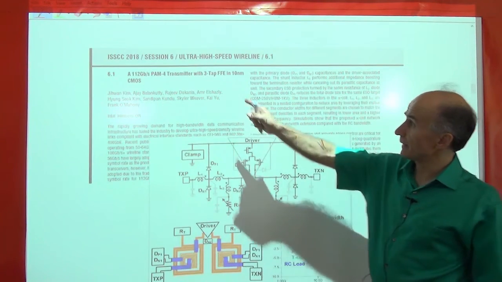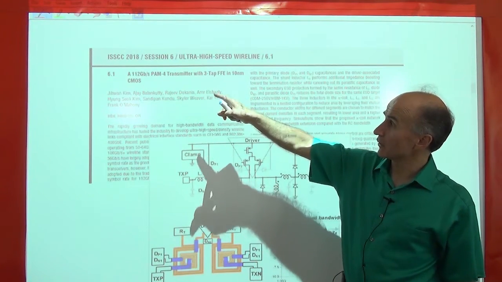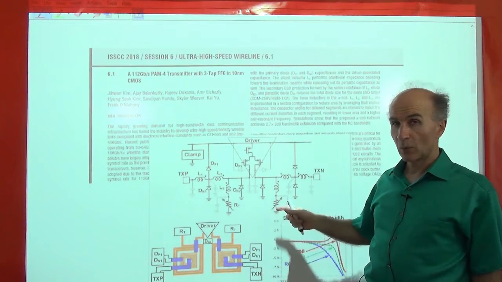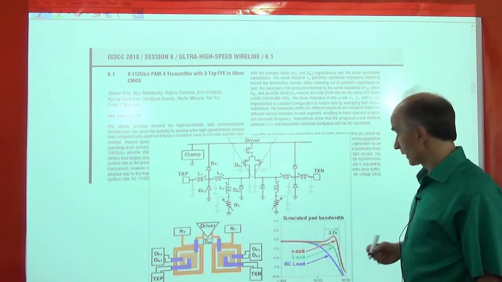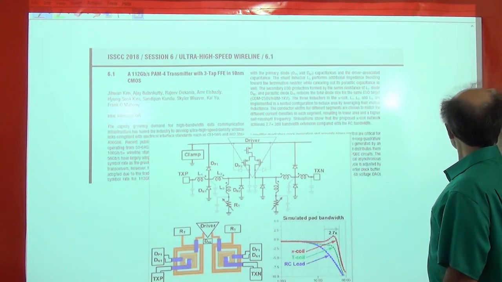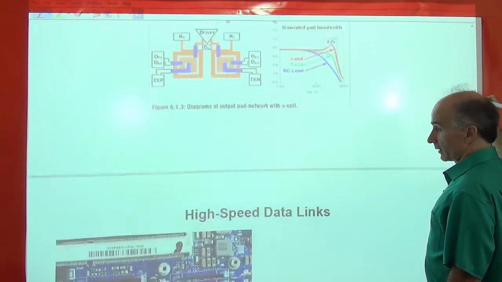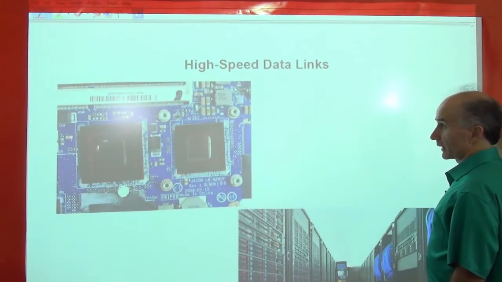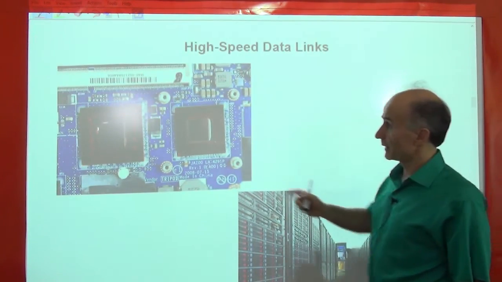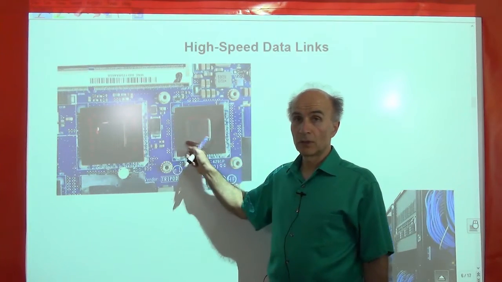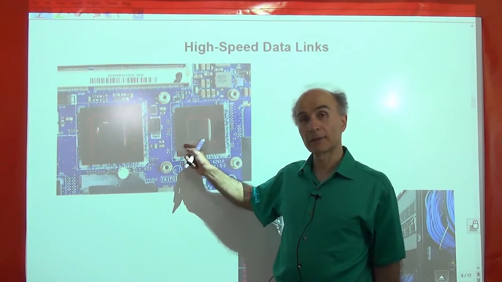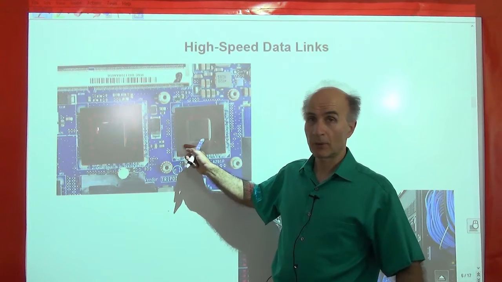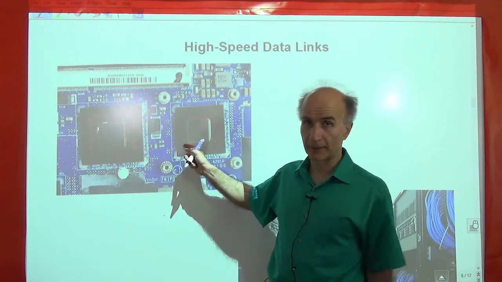Now, what is such a high data rate transmitter anyway? Where do we use this? Well, here's an example. Suppose that you have a PC board inside your computer, and there are two chips, and these two chips need to talk to each other at a very high data rate, right? For example, a processor and a memory or something.